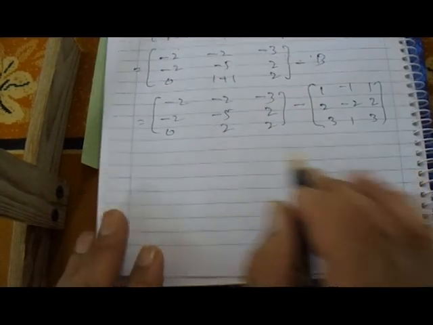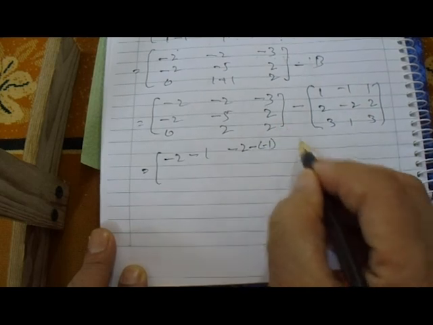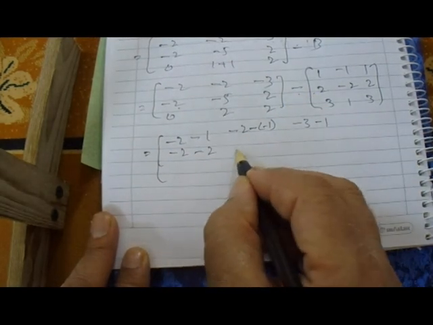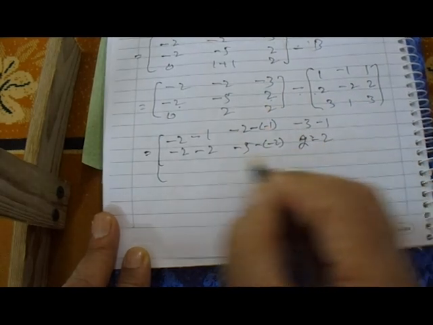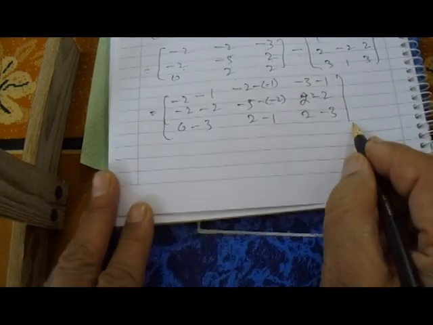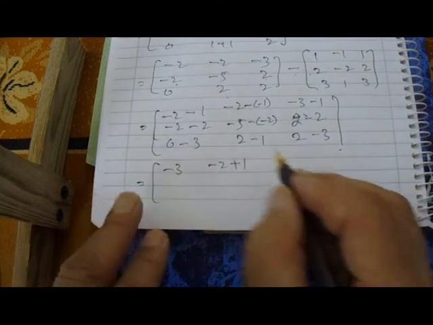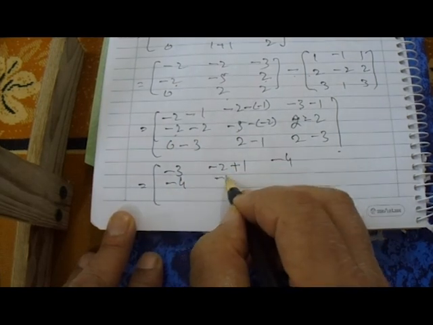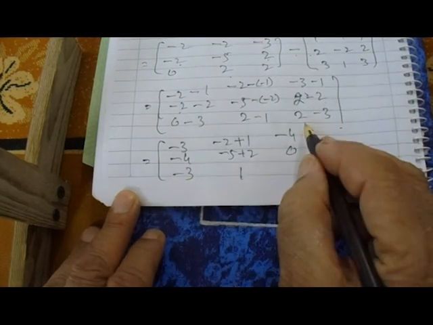Now we solve this. Again it is equal to minus 2 minus 1 here, minus 2 minus into minus 1, and minus 3 and minus 1, and minus 2, minus 2 and minus 2 and minus 5 and minus into minus 2, 2 minus 2, and 0 minus 3, 2 minus 1, or 2 minus 3, right here is equal to this minus 3, this minus 2 plus 1, and minus 4 here, this is minus 3 minus 1 minus 4, minus 2 minus 2 minus 4 and minus 5 and plus 2, 2 minus 2 0 and 0 minus 3, and 2 minus 1 1 and 2 minus 3 minus 1.